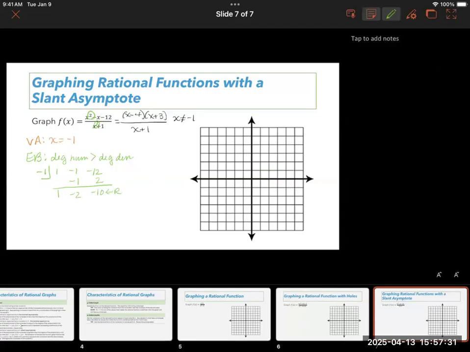But since we're just trying to get an idea of what the behavior is going to be, we don't need to consider the remainder. So we're just looking at the fact that we ended up with a quotient of f of x equals x minus 2. And we will actually draw that as an asymptote to guide where our graph should go.